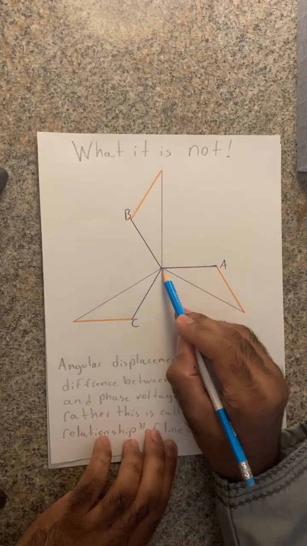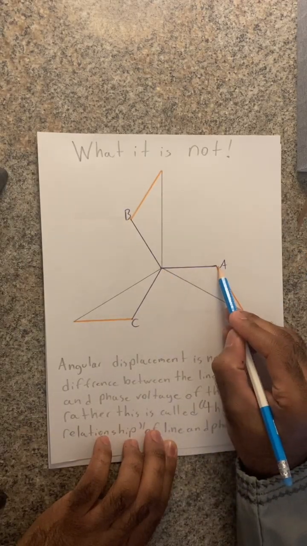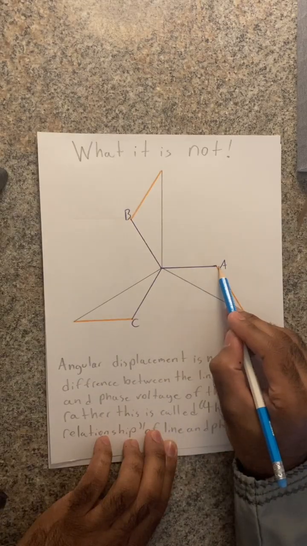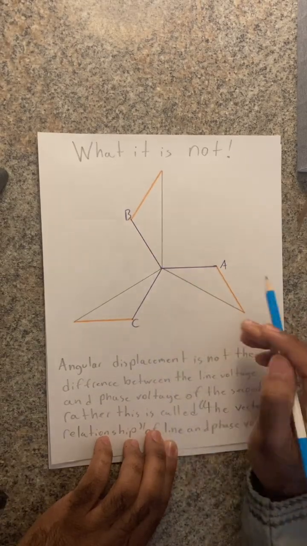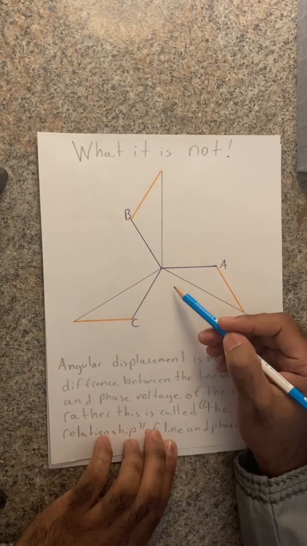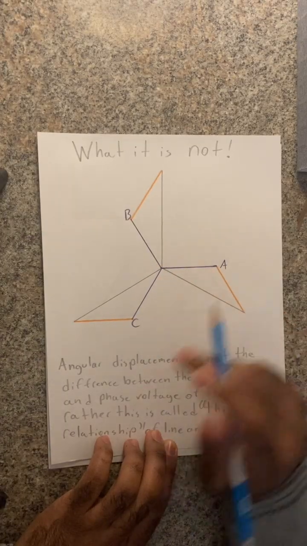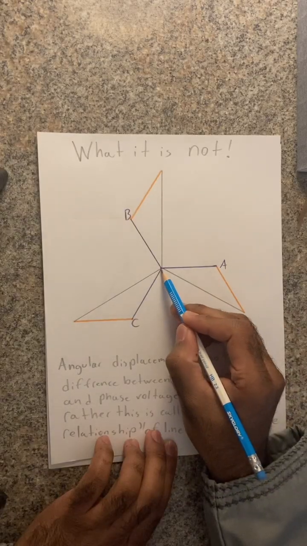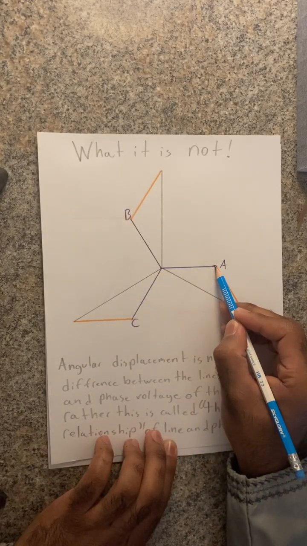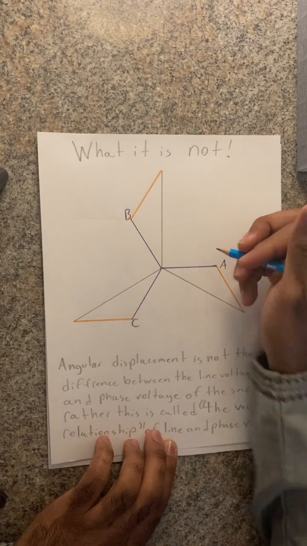If we test from here to here, this will be considered whatever this phase value is, similar to B and similar to C. They are all equal. They are displaced by 120 degrees. This is considered phase voltage.